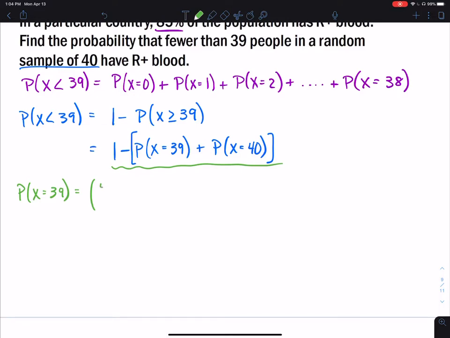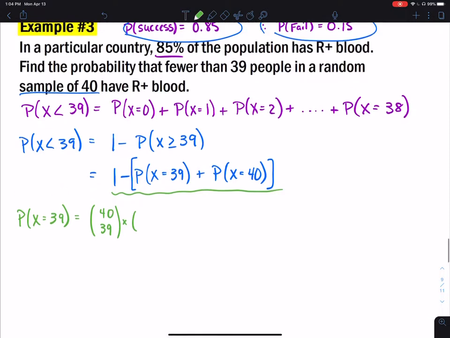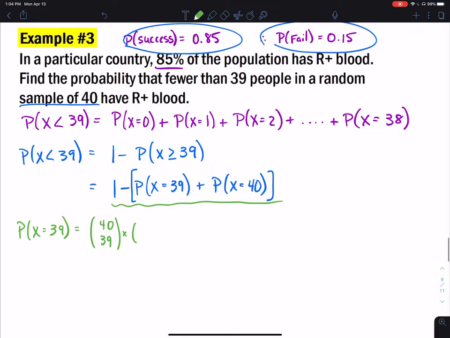The total number is going to go on top, so 40, and the number of times you need to succeed would be 39, times the probability that we succeed in this case, which is 0.85, raised to the 39th power, times the probability that we fail, 0.15.